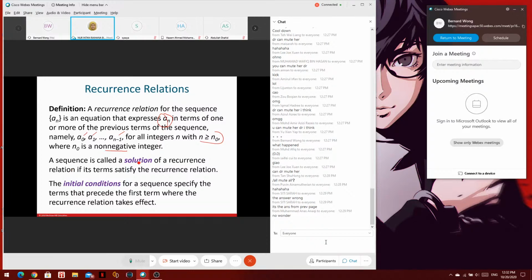A sequence is called a solution of a recurrence relation if its terms satisfy the recurrence relation. The initial conditions for the sequence specify the terms that precede the first term where the recurrence relation takes effect.